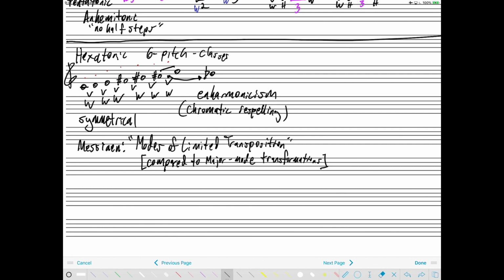Now, one thing to note is that technically there are only two possible such scales. One that includes the pitch C natural and one that includes the pitch D flat or C sharp. So here we have all our whole steps.